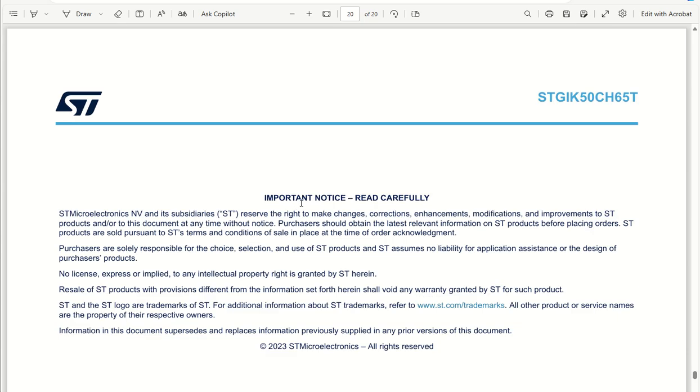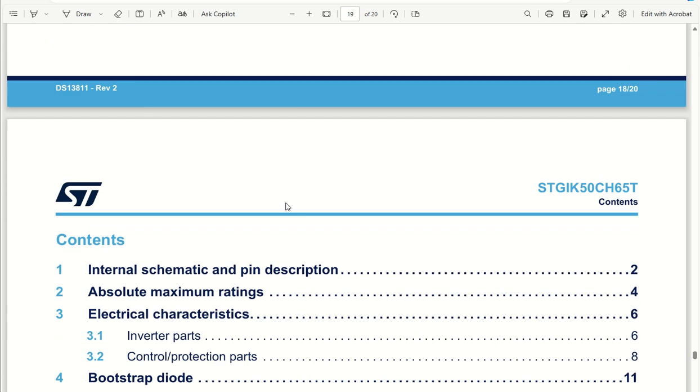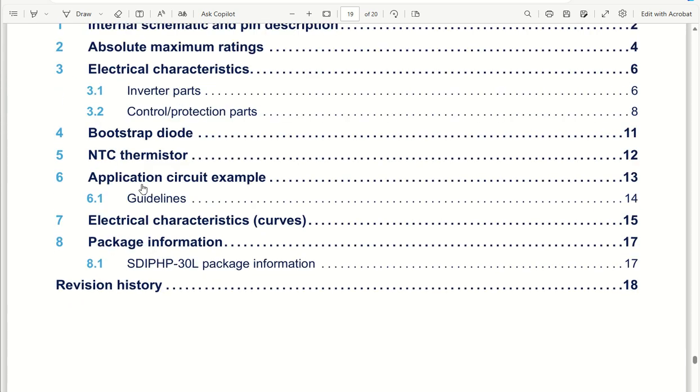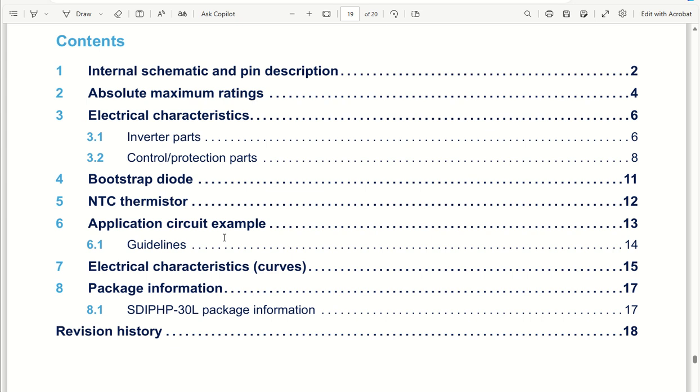Similarly, if you want other parameters, let's say the NTC thermistor or application circuit guidelines, all these are available, and you can directly get into them. In STMicroelectronics, the table of contents is given in the last pages. Other manufacturers try to give it in the first pages itself.